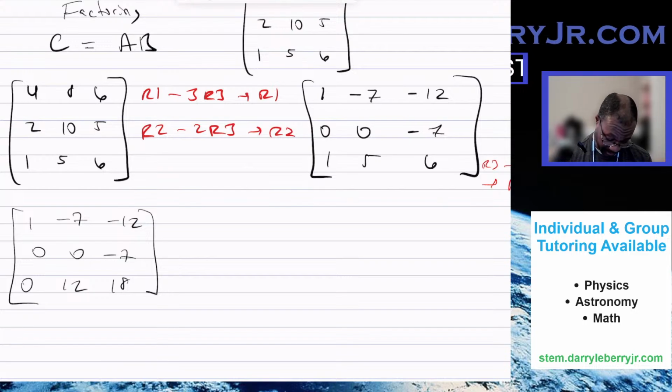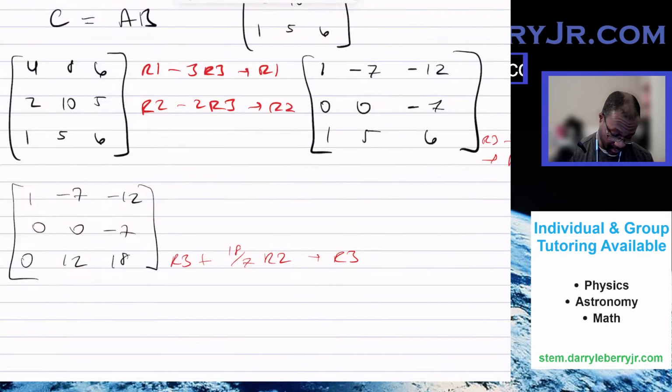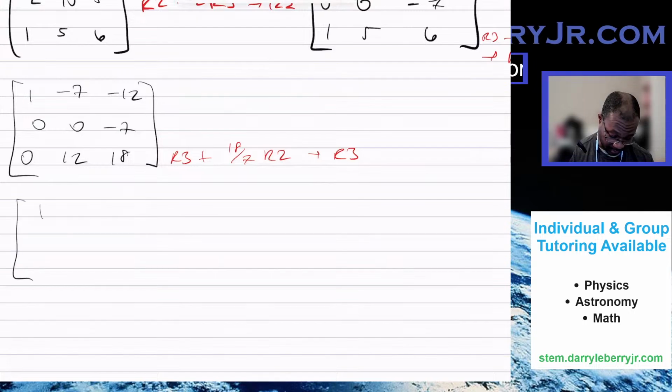And I'm going to add row 3 plus 18 out of 7, row 2 to row 3. So that's going to give me 1, negative 7, negative 12, 0, 0, negative 7, 0, 12. And that's going to be 18 out of that 7 and it's negative.